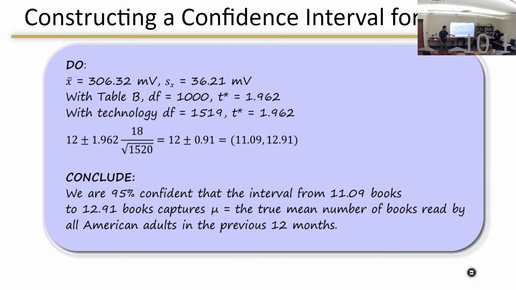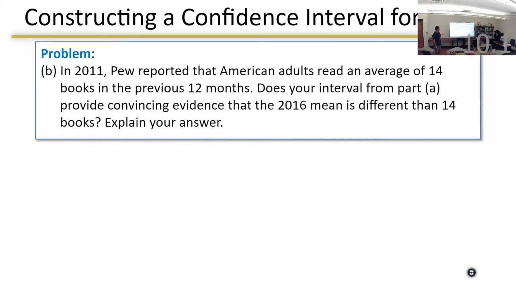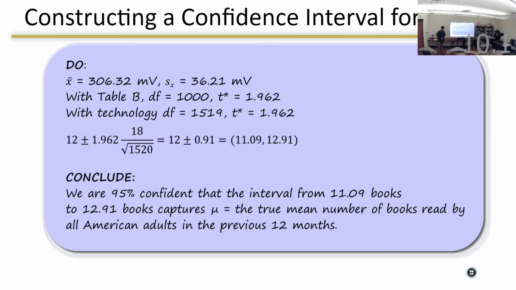There it is. We are 95% confident. Here it says: does your interval provide convincing evidence that the 2016 mean is different than 14 books? Yes.